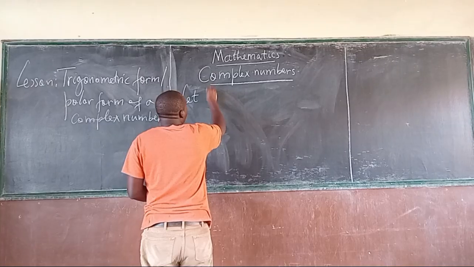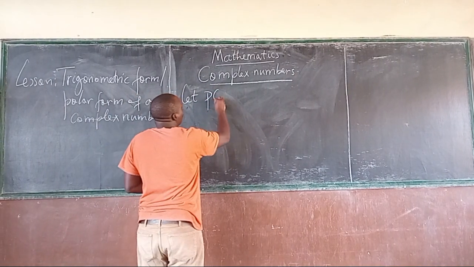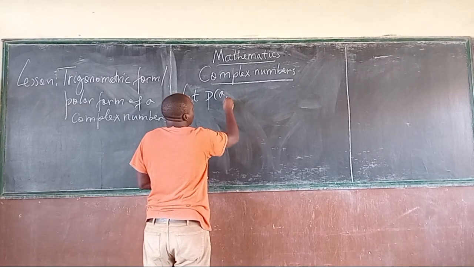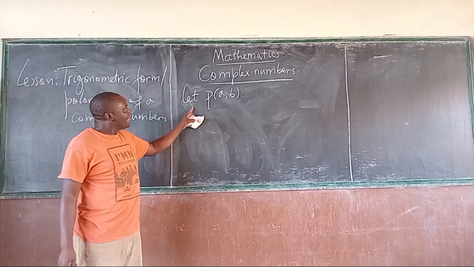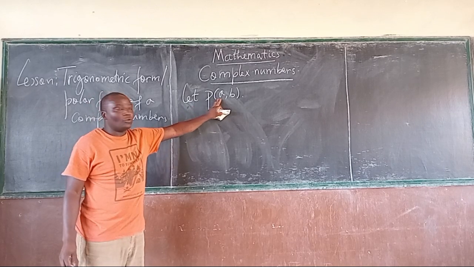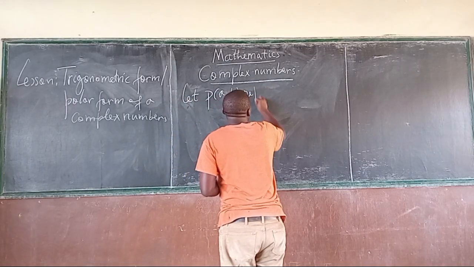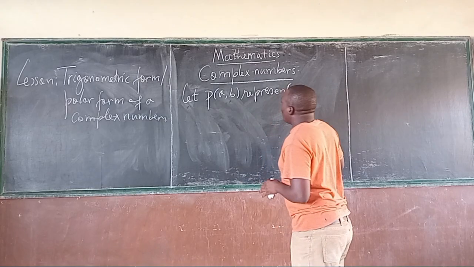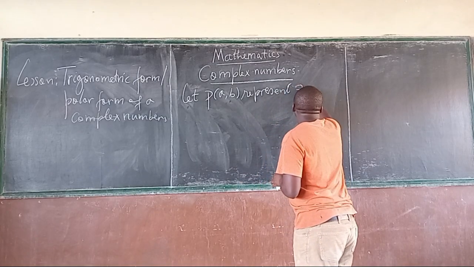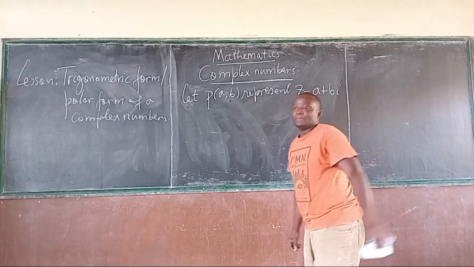Let point P be a point with a on the x-axis and b on the y-axis. Let point P be (a, b). This point represents a complex number z equal to a positive bi.